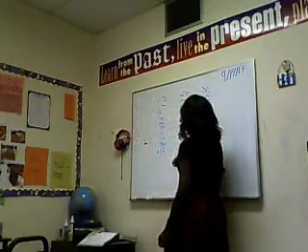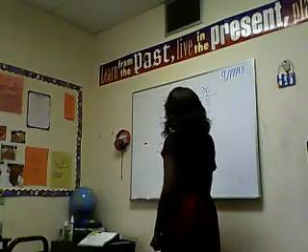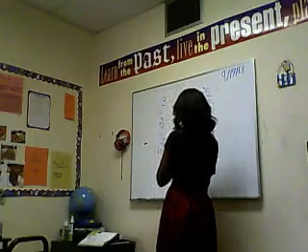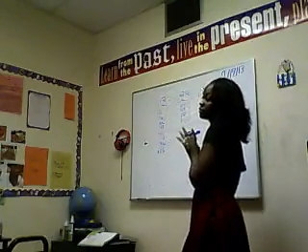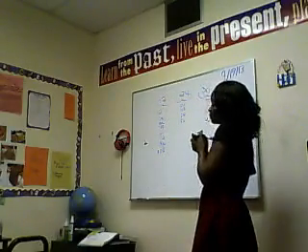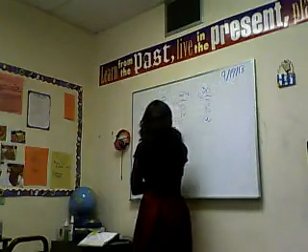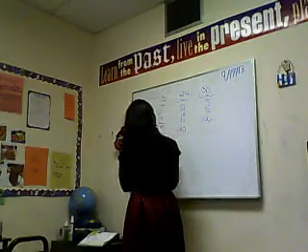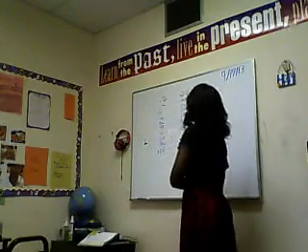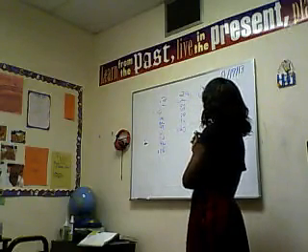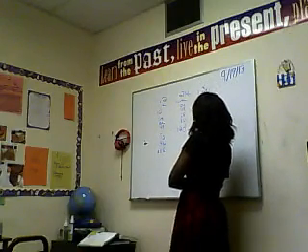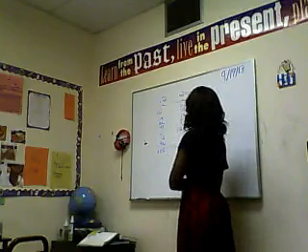24 times 5 is 120. 12 times 10 is 120. 24 times 6 is 144.